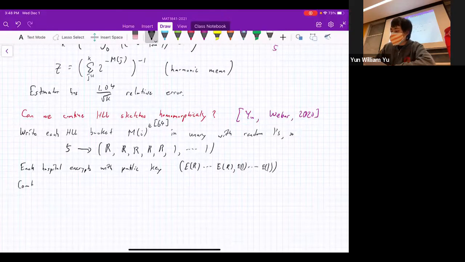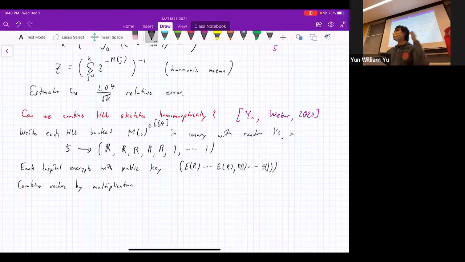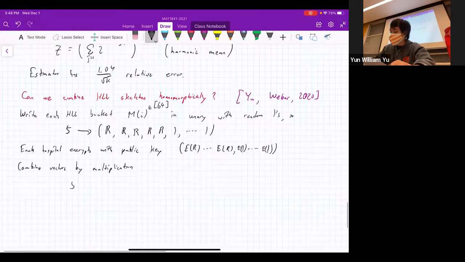Well, then what you do is we combine vectors homomorphically by multiplication. And remember, if we're working with El-Gamal, it's multiplicatively homomorphic. So when you do this, what happens is if you have a 5, that's R, 2, 3, 4, 5, 1.